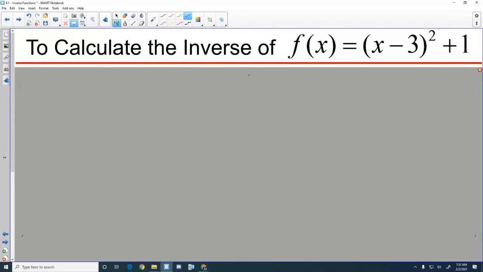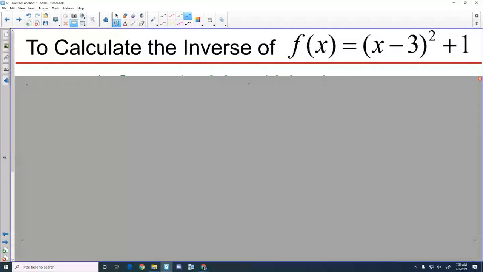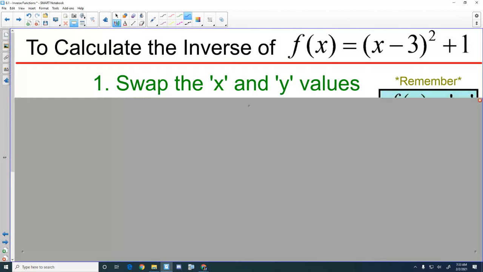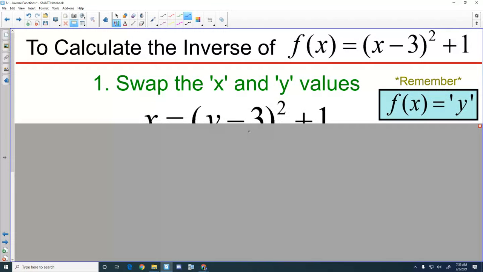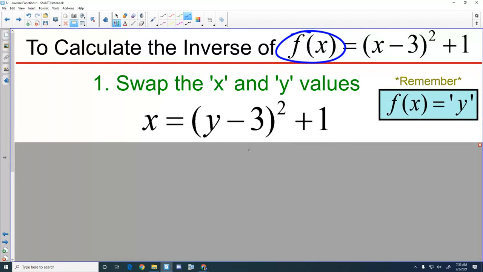So we're going to calculate the inverse. First thing we want to do is to swap the x and y values, except there is no y anywhere in this equation. Well, remember, f of x, this right here, that's the same as y, right? So if you want, replace f of x with y, and then rewrite that equation just like this.